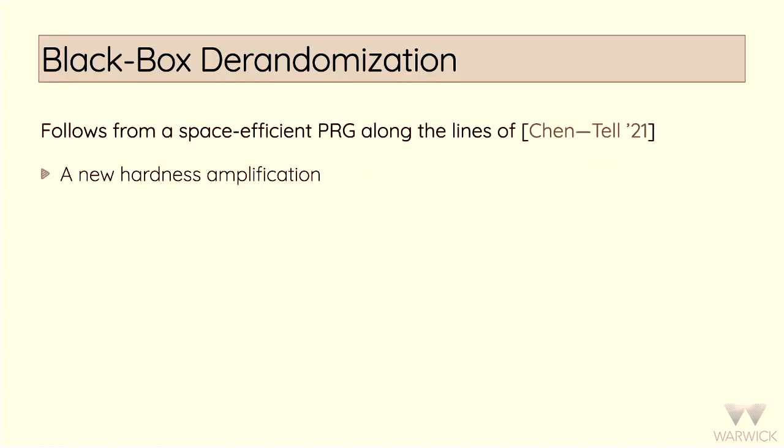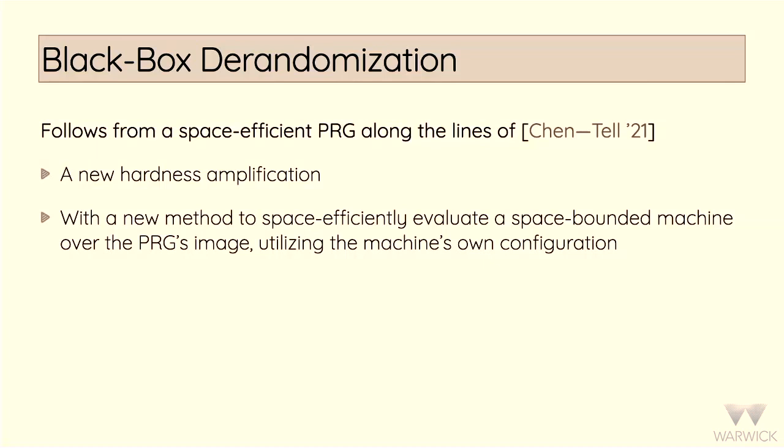I probably won't have time to go over the construction, but you can of course talk to me afterwards. It goes along the Chattopadhyay-Liao 21 result, with a new hardness simplification and a new method to space-efficiently evaluate space-bounded machines over the PRG's image.